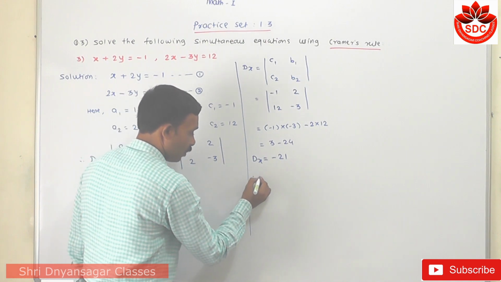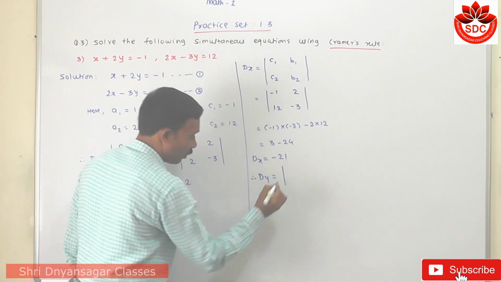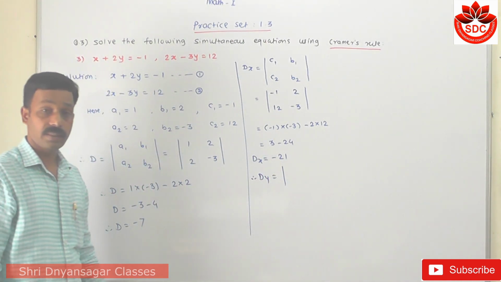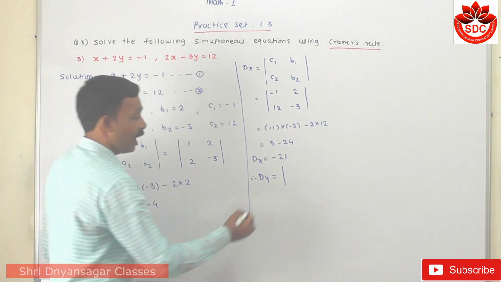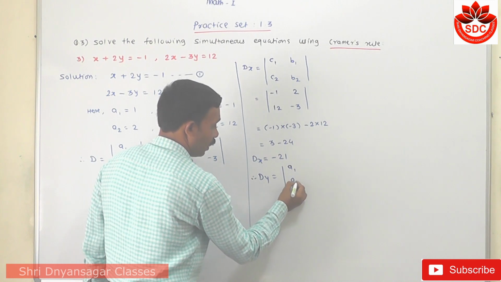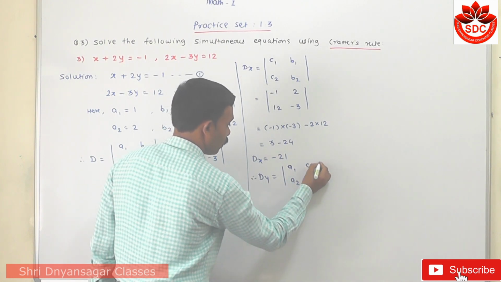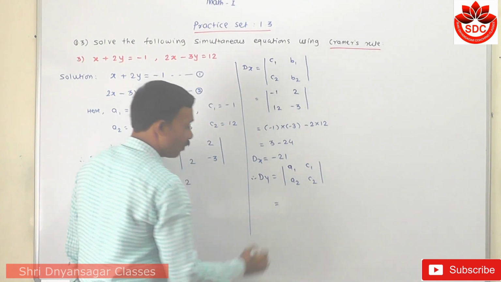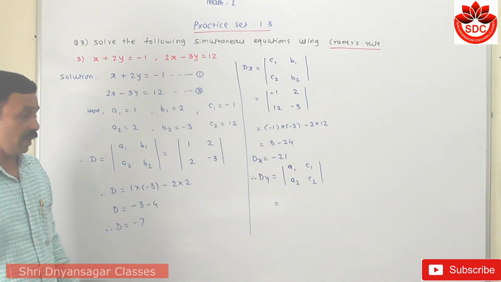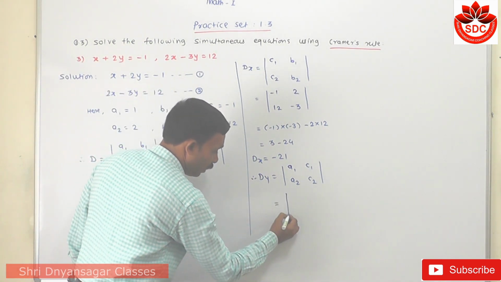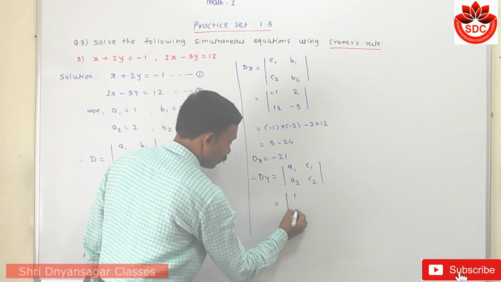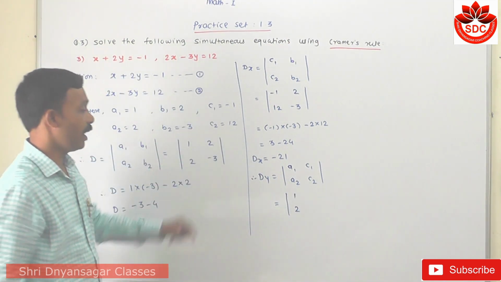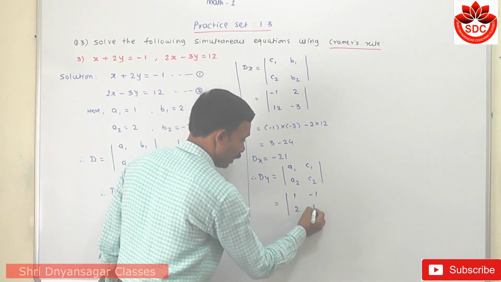Then we can find out the value of the determinant of y. Therefore, for the value of determinant of y, we replace b1, b2 by c1, c2, so the formula is a1, a2, c1, c2. We substitute the values of a1, a2 and c1, c2. The values of a1, a2 are 1 and 2, and c1, c2 are minus 1 and 12.